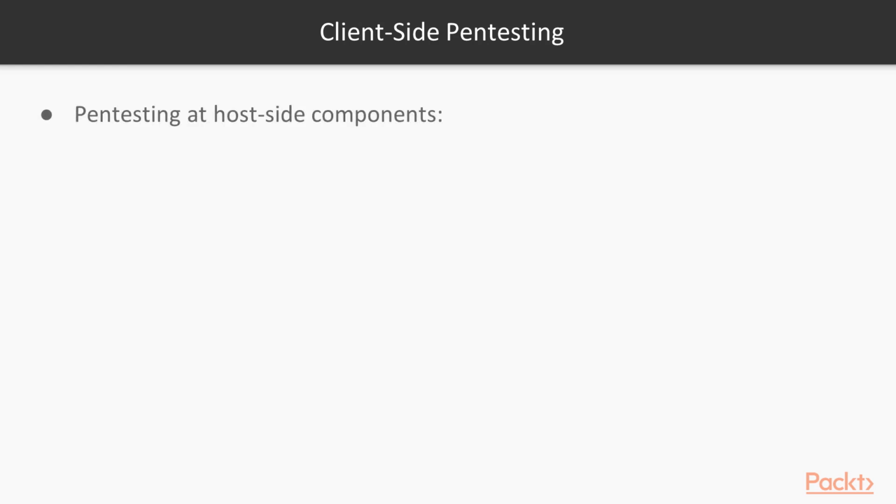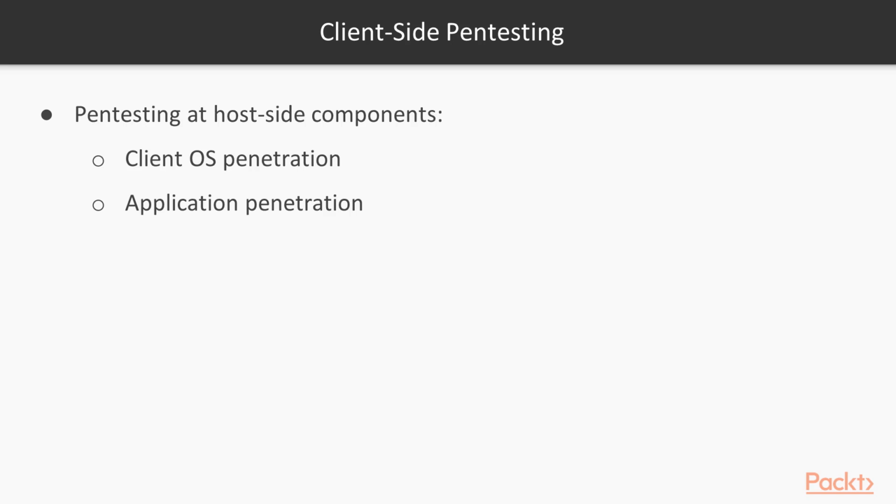That's quite easy. For example, an office space where all the employees are working, those are all the clients. They have their operating system. So if pen testers are trying to exploit their operating system at the client side, that is considered client-side pen testing. And application pen testing: for example, if applications or software are working on a client system and a pen tester is trying to exploit that software, that is called application penetration testing.